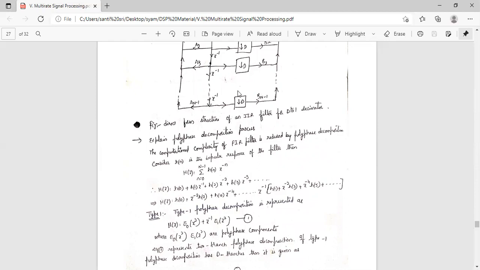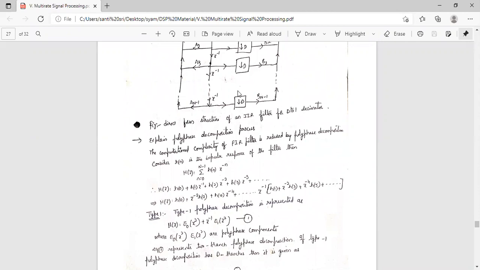Let us consider h of n is the impulse response of the filter. Then H of Z is the sum from n equal to 0 to N minus 1 of h of n into Z power minus n. So H of Z is equal to h of 0 plus h of 1 into Z power minus 1 plus h of 2 into Z power minus 2 plus h of 3 into Z power minus 3, like that.